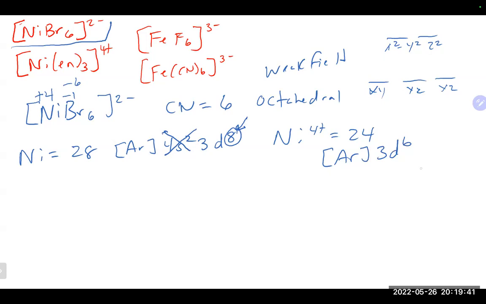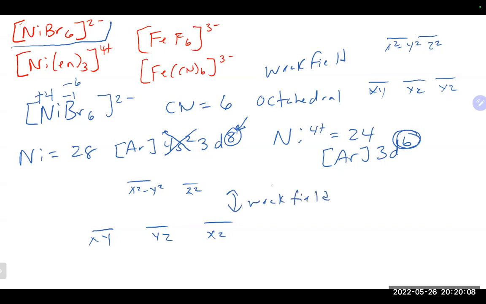Now, what we're talking about here is distributing these 6 electrons into our orbitals. So once again, if we redraw it, this is a weak field, which means this is not going to be very large. It's going to be a small separation.